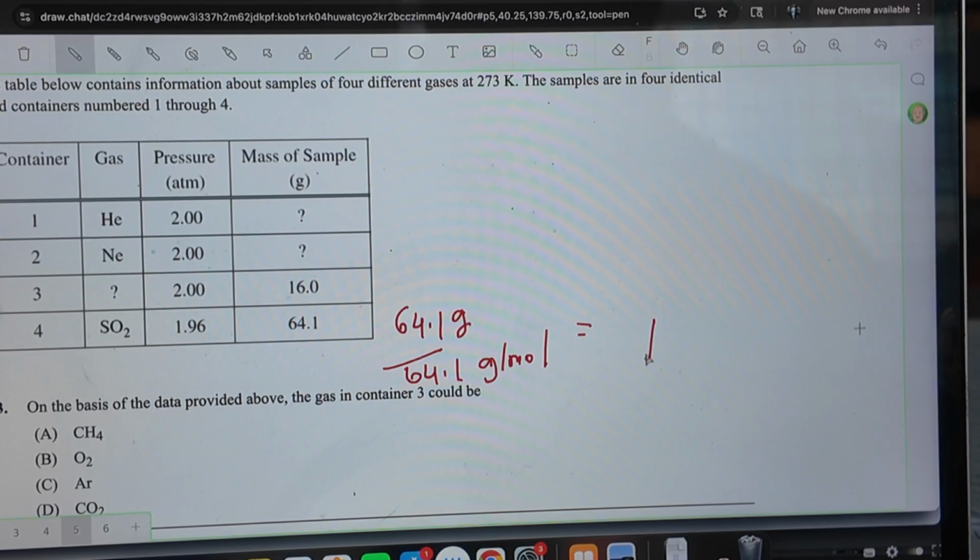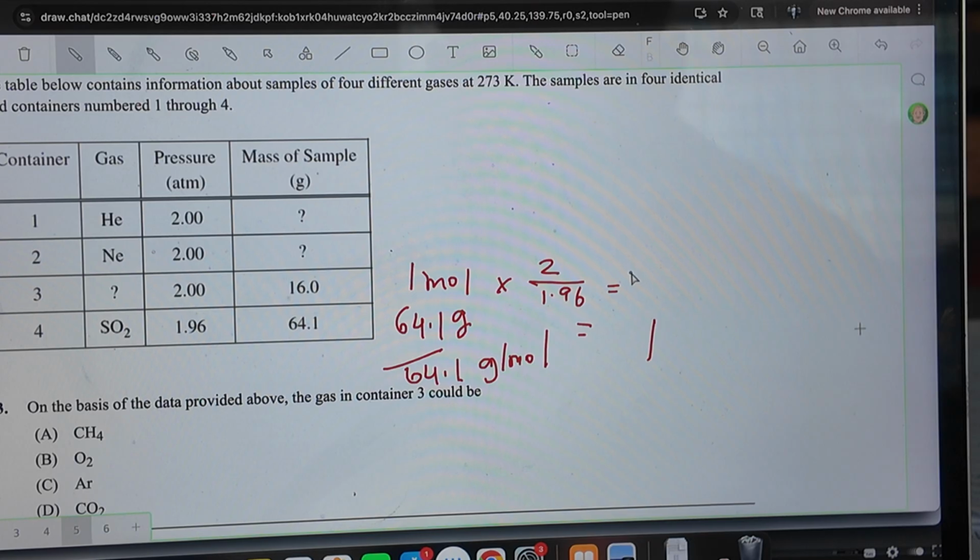And we get 1. So finding moles in container 3, we would do something similar: we take 1 mole times 2, which is the pressure, divided by 1.96. And we get approximately 1.02 moles.